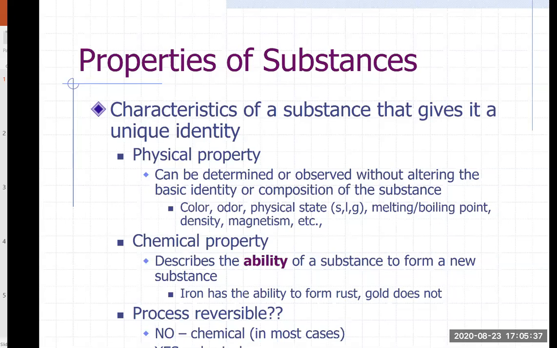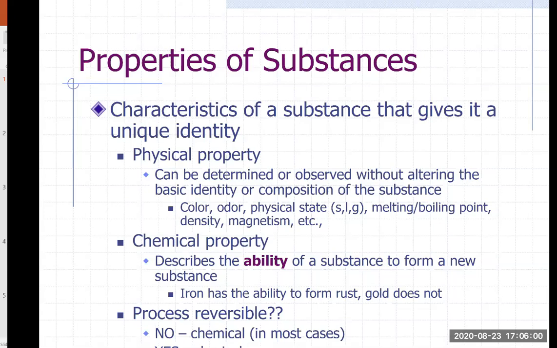When we look at chemical or physical changes and we want to determine, is this a physical change or is this a chemical change, we ask the question, is this process reversible? Now, this doesn't work in all cases, but in many cases it will. If the process is not reversible, then in a lot of cases that means it's a chemical change.